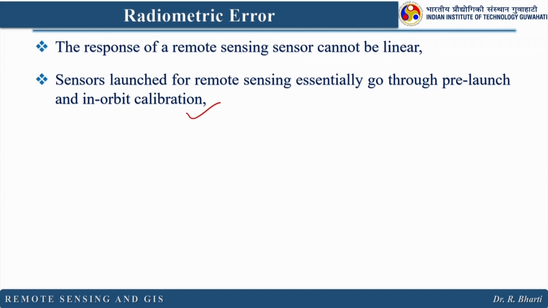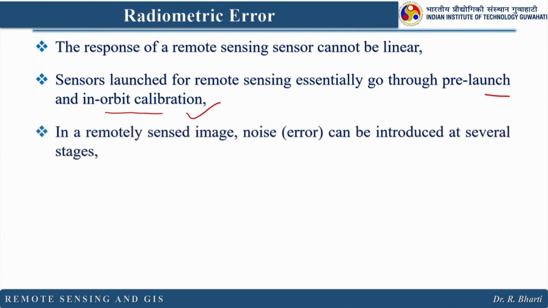So the sensor has to go through this pre-launch and in-orbit calibration. So before launch we calibrate it, and after launching it into space, we again recalibrate it, or we match with the pre-launch measurement, to see whether it remains the same or it has changed because it has traveled so much distance.